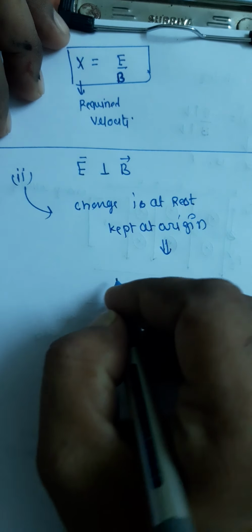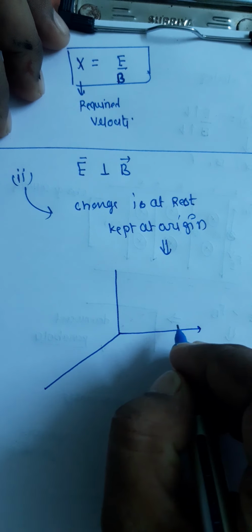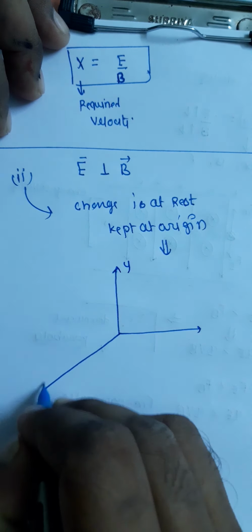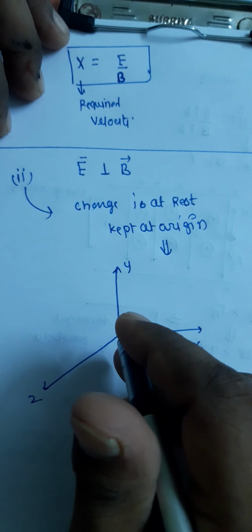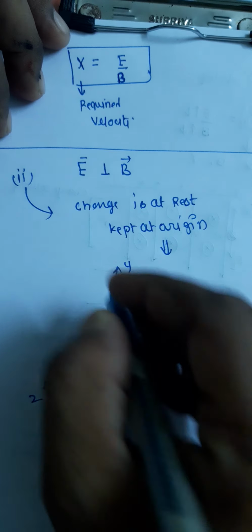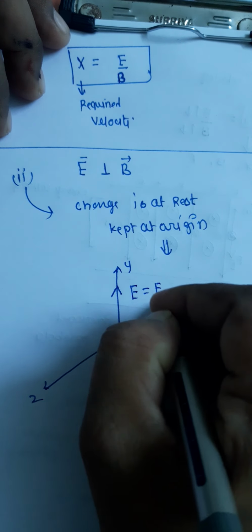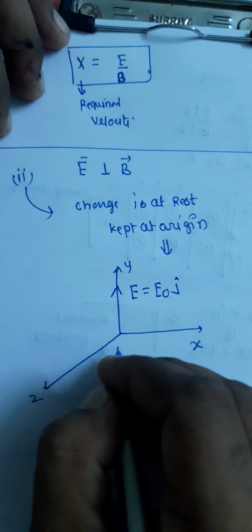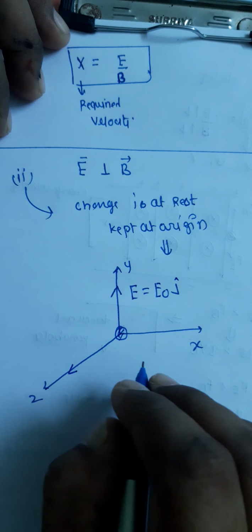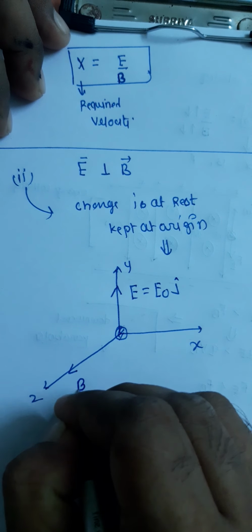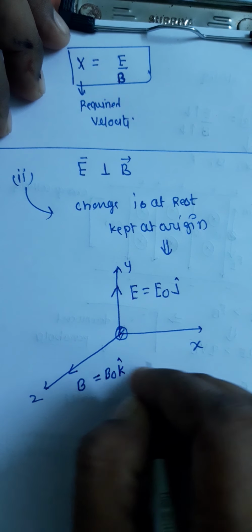Suppose we have the y-axis here, we have the z-axis along this, and suppose we have this x-axis. This is y, this is z, and this is x. So what are we going to observe? Suppose the electric field along this is E equal to E naught j cap, and we have a magnetic field along this, B equal to B naught k cap.